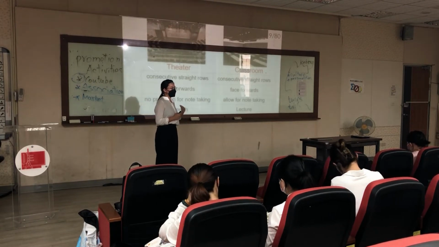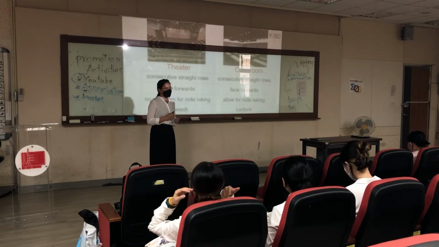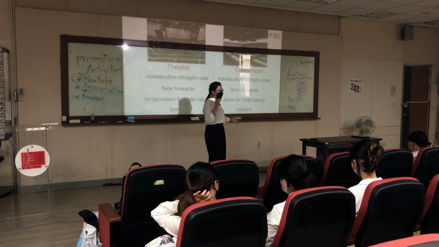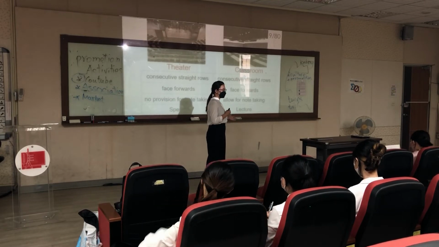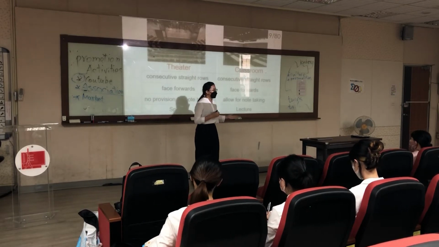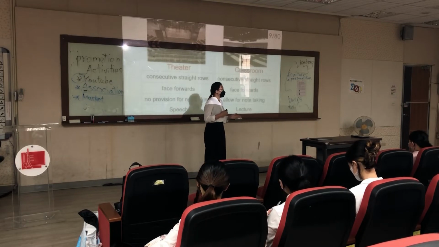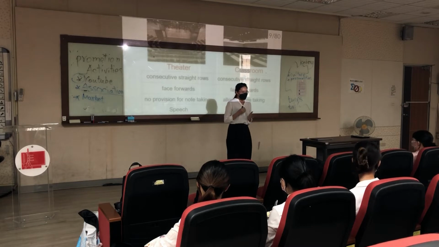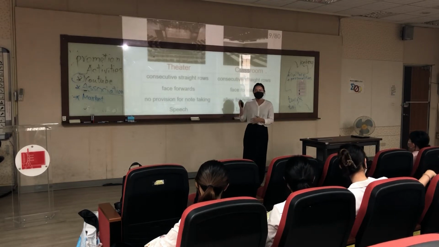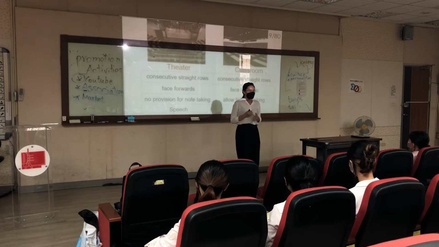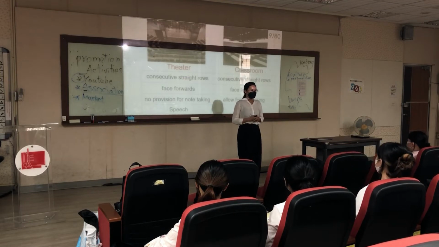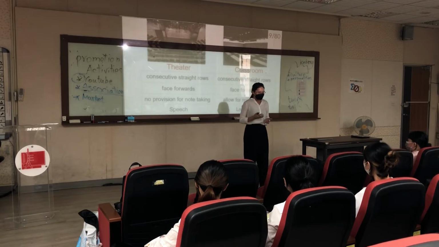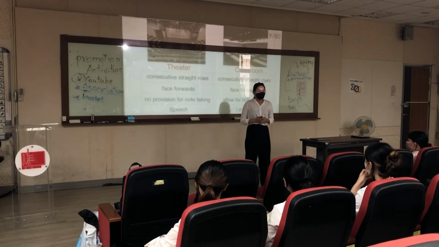Also, theater is usually used for speeches. And a classroom, just like the classroom on the 5th floor, has the seating arranged in consecutive straight rows like a theater, and the audience is facing forward. And it always provides a table for note-taking. And a classroom is usually used for lectures.